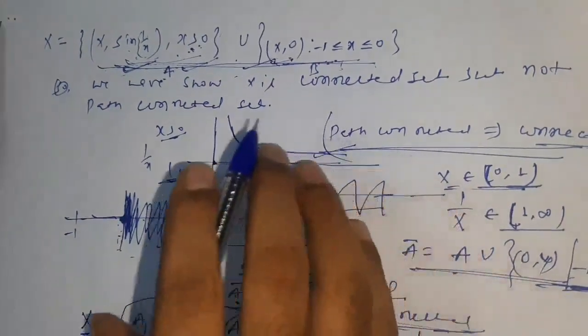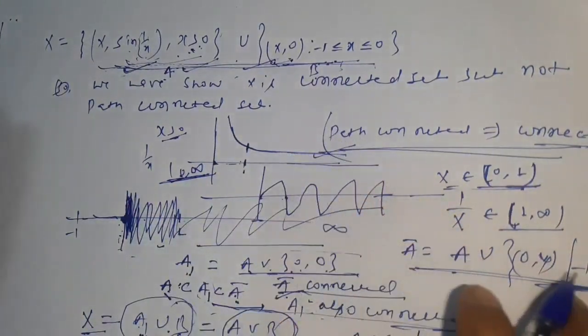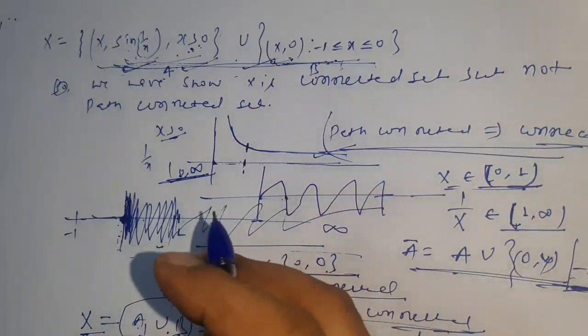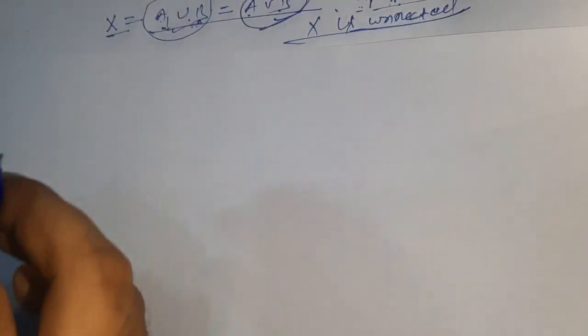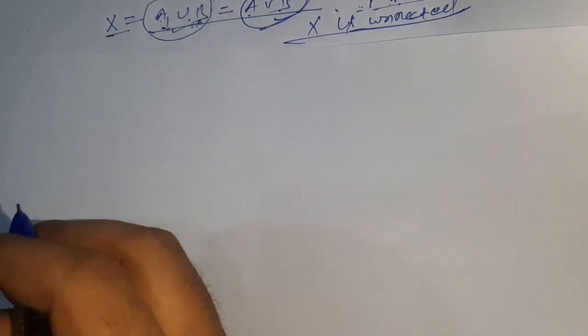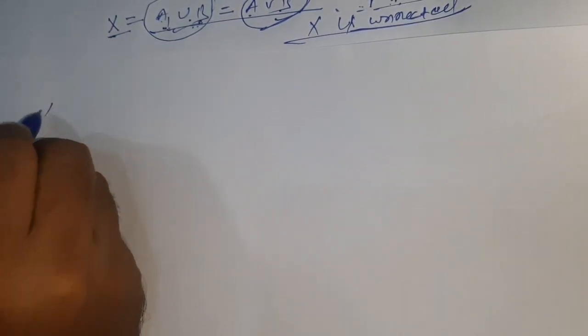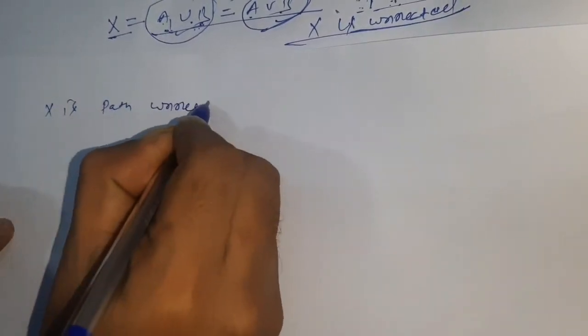Now we have to show this is not path connected. So how can we show this is not path connected? Let's come to the point. For proving this is not path connected, we will use the contradiction method. Firstly, we assume X is path connected.